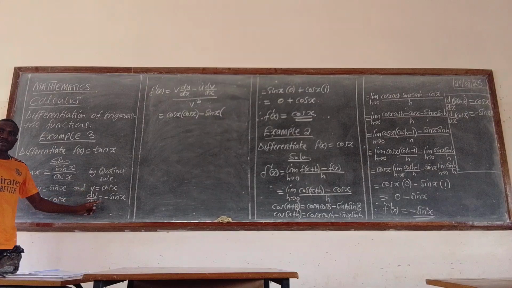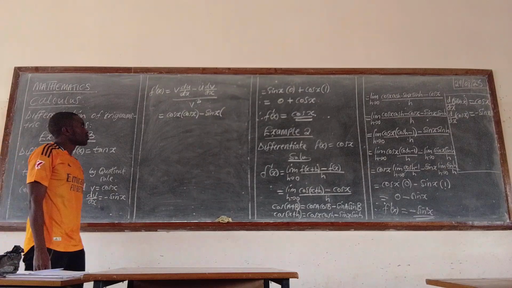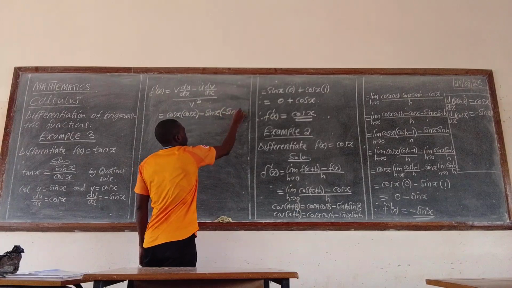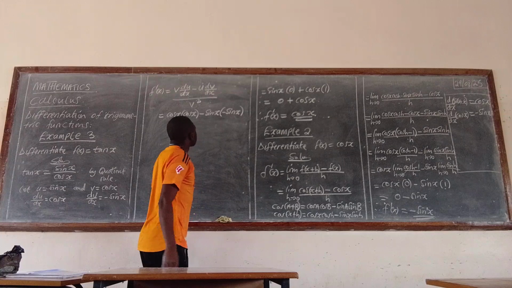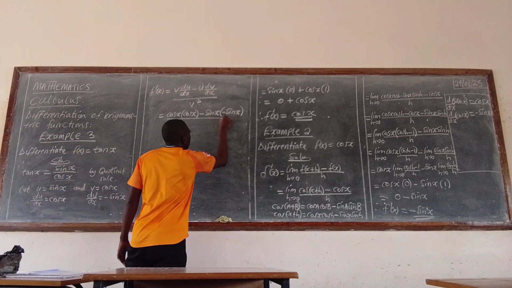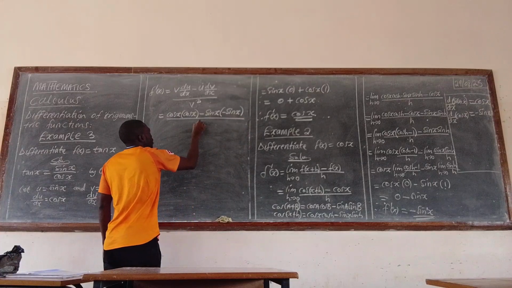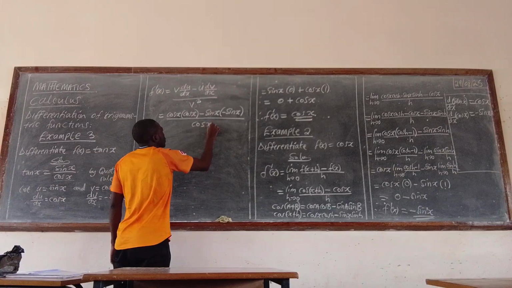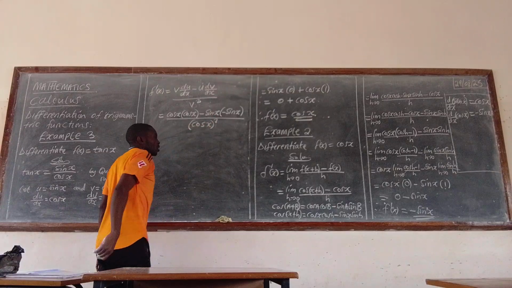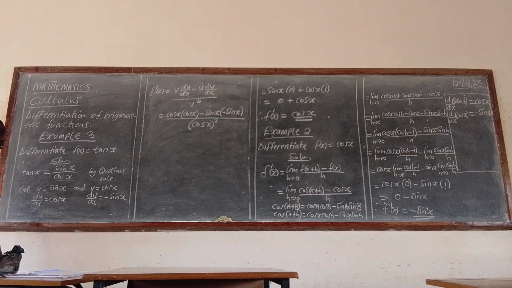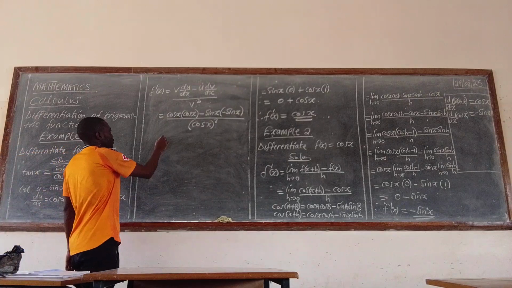Our dv dx is negative sine x. Then all this divided by our v squared. Our v in that case is the cos x.